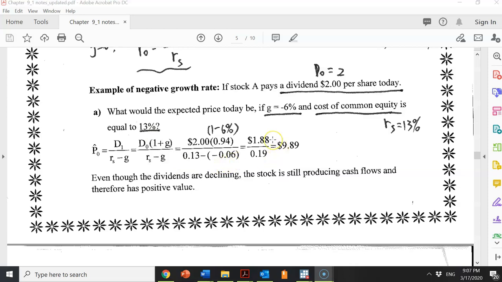So we have 1.88 divided by 0.19 as 9.89 for our stock price. Even though the dividends are declining because we have a negative G, the stock is still producing cash flows and therefore has positive value. Even though the dividends we get are decreasing, we're still getting dividends all the time, so the stock price should be positive.